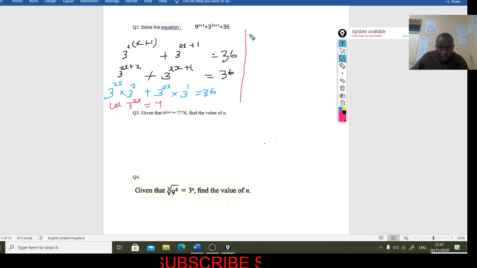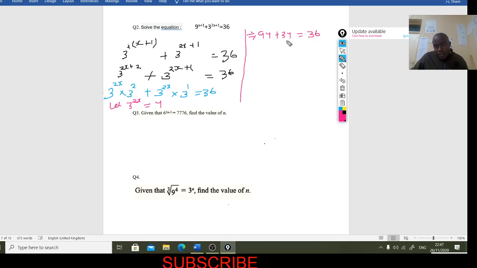So that implies 9y plus, this is 3, this is y, so plus 3y, which is equal to 36.